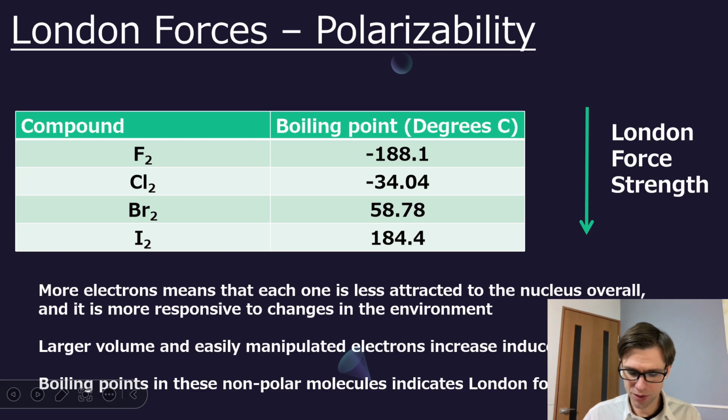So here are some actual data and evidence of what's going on here. F2, Cl2, Br2, I2, these are all the halogens, the group 17 diatomic halogens. So you can see their boiling points, minus 188.1 Celsius for F2, minus 34 for Cl2, plus 58 for Br2, and 184.4 for I2.